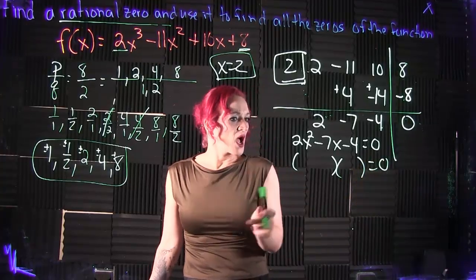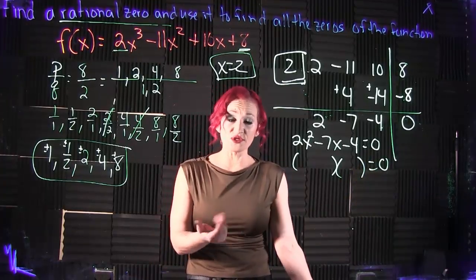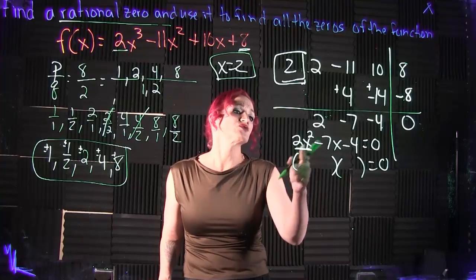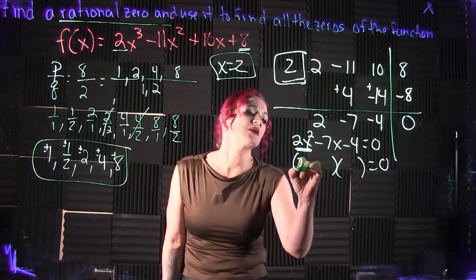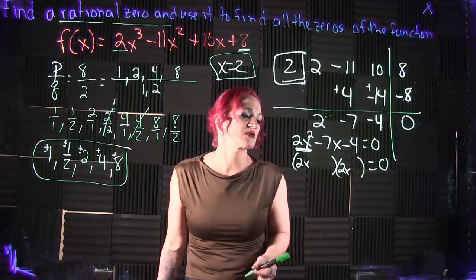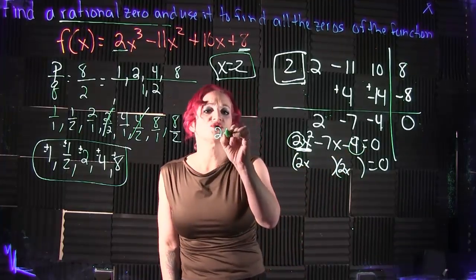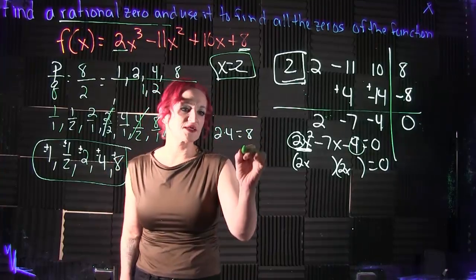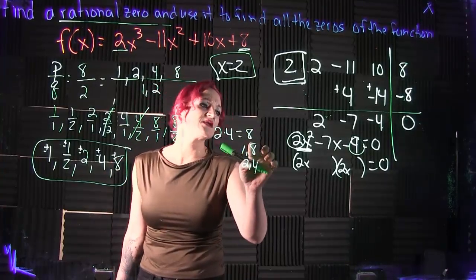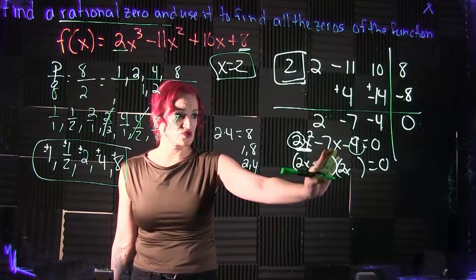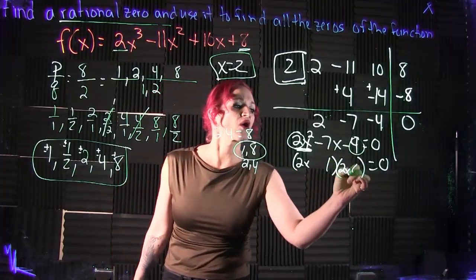When I factor trinomials, I use the no-fuss factoring technique. So for 2x squared, first step, 2x, 2x. Step 2, take the first number times the last number. 2 times 4 is 8. You want factors of 8 that add or subtract to get your middle term, which is our 1 and our 8.